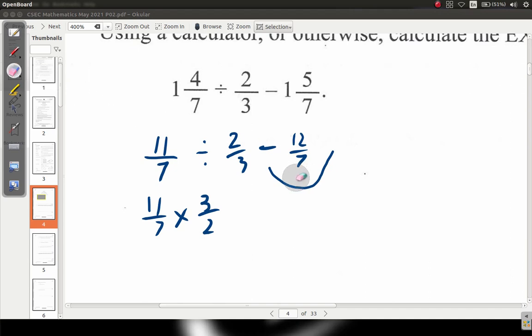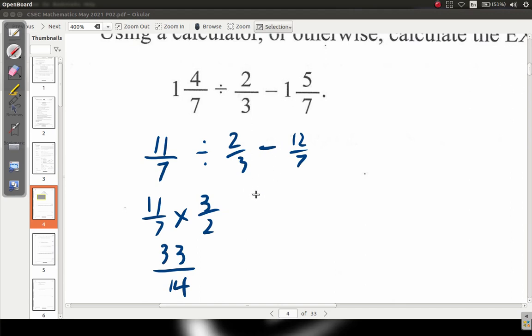Just leave it off, but try to remember, we have to come back to it later on. So just work out this part. 11 sevenths multiplied by 3/2. So top by top over bottom by bottom. 11 times 3 is 33 up at top, over 7 times 2 is 14 on the bottom.